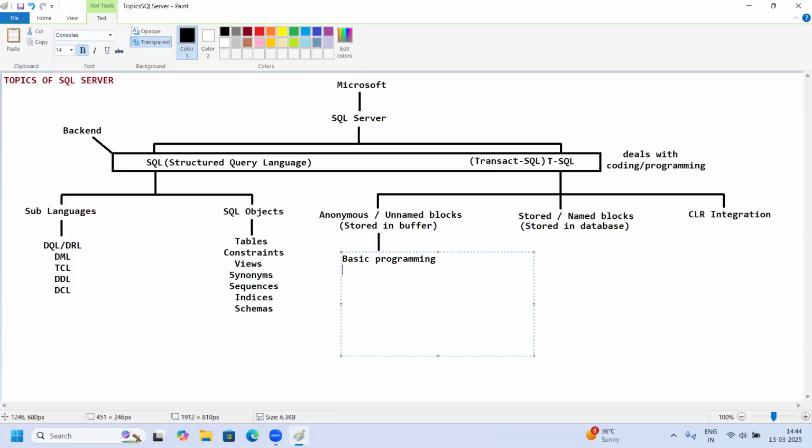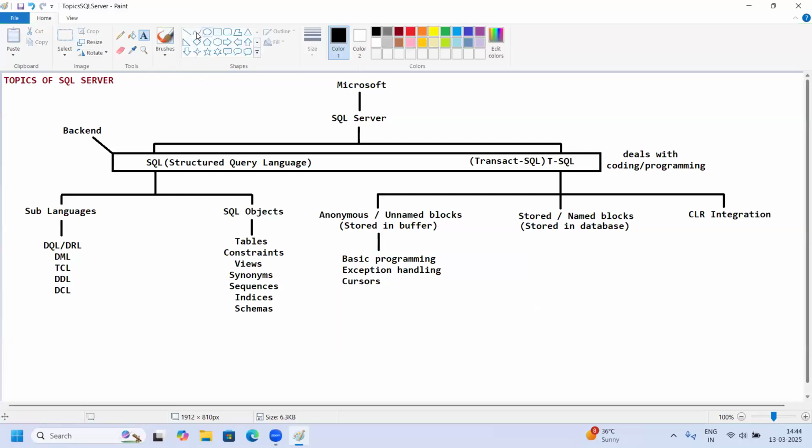Then we will study exception handling. Then we will study cursors. Three topics. And after that, I'll go to stored block programming.